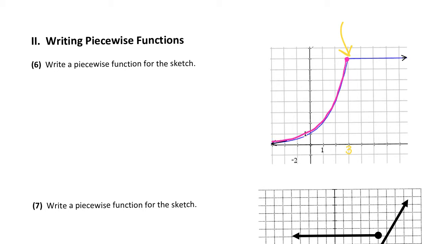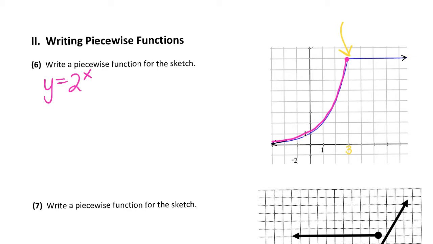We are going to need to use our knowledge of the Nifty 9 graphs to figure out which graph this is. If you remember, this is the graph y is equal to 2 to the x power.